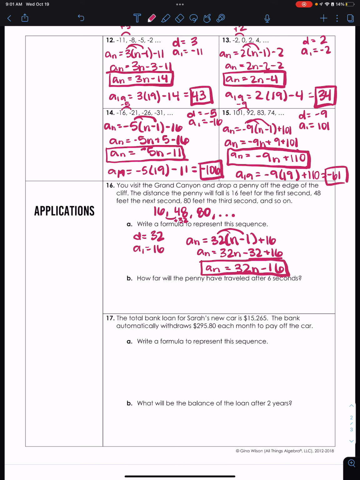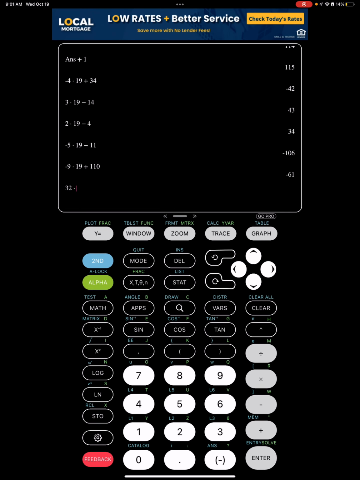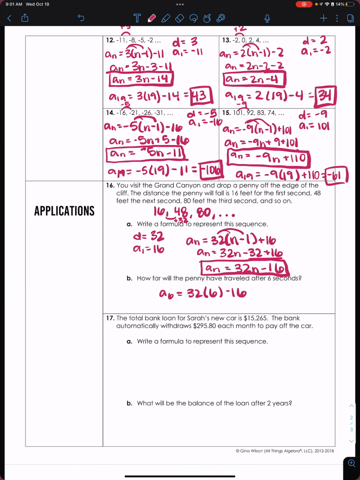And then if they want to find how far it will have traveled after 6 seconds, we're going to substitute 6 for n. So 32 times 6 minus 16 is 176. So it will have fallen 176 feet after 6 seconds.